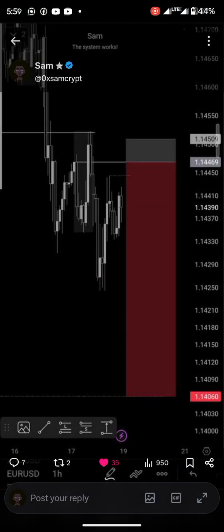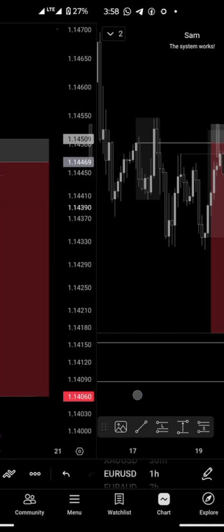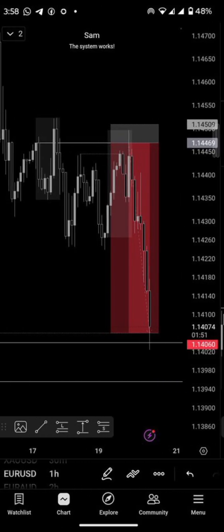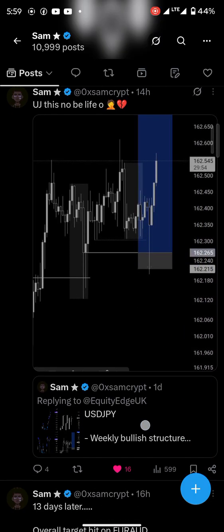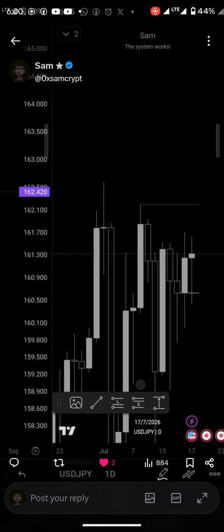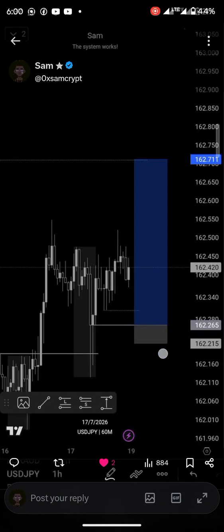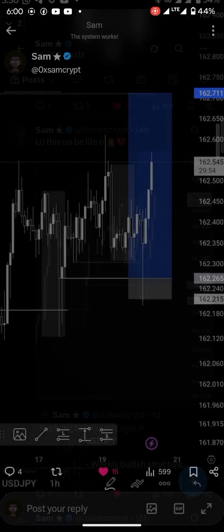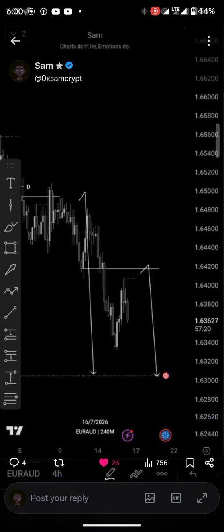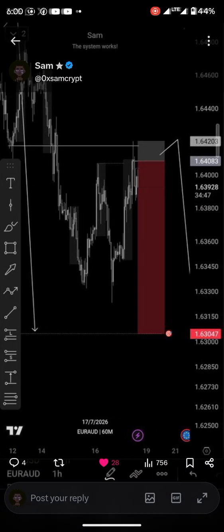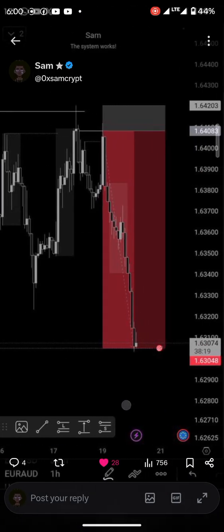Then for EURUSD, this was before it triggered, and this was when it had played out. And then for USDJPY, this is the outlook, and then this was the setup, but then it sniped my SL, as you can see. And for EURAUD, this is the setup here, and then this is after it has played out.